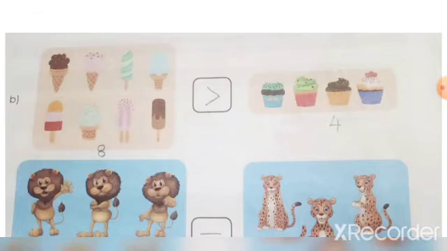Tell me children, which is the greater number, 8 or 4? Yes, 8 is greater. So the mouth of the symbol will open towards the number 8. This symbol is called the greater than symbol. You can put the symbol like this.